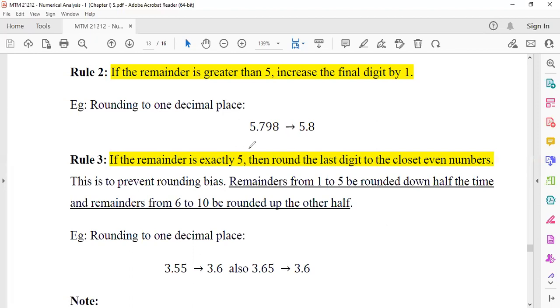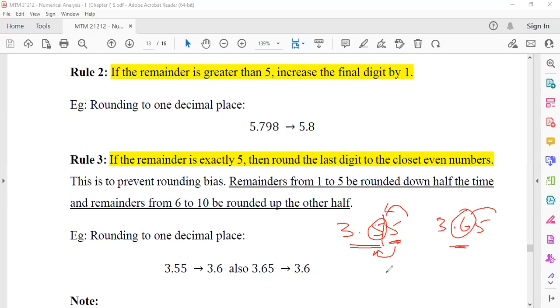For example, 3.55. If you want to round off to the first decimal, this is 5 now, and this one is deciding. At school level we studied that if this digit is odd, we have to add, and if it is even, for example 6, we keep it as it is.